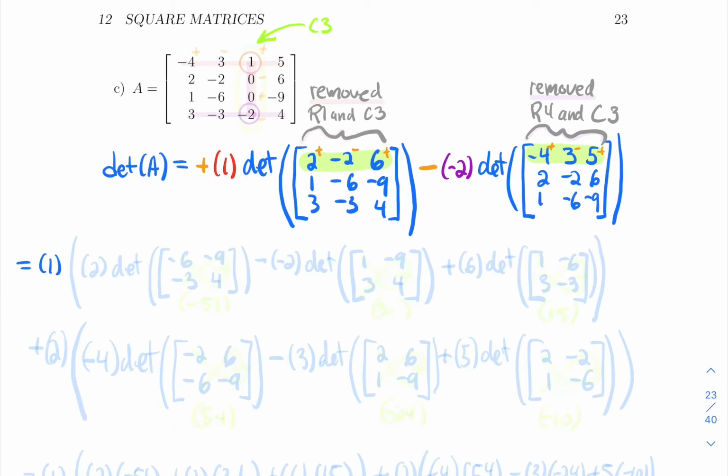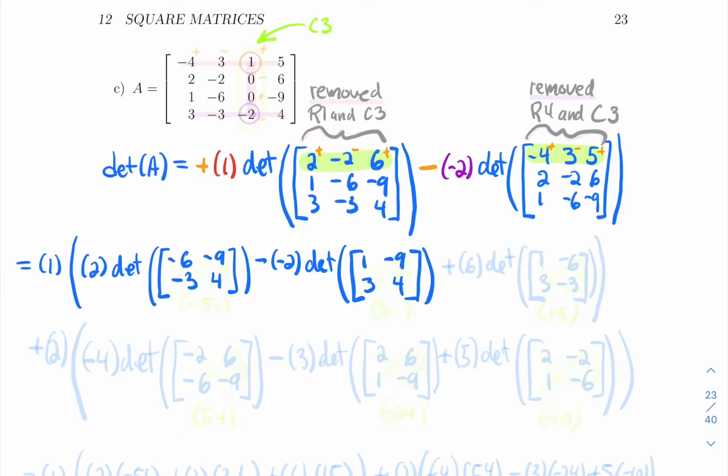Sorry. So if I expand now the determinant, 1 times, open a big fat bracket, 2 times the determinant. If you remove row 1, column 1, you're going to leave behind minus 6, minus 9, minus 3, and 4, minus 2. Remember the minus is because minus 2 is at a minus position, so the determinant of the submatrix here, removing row 1 and column 2, you're going to get 1, minus 9, 3, and 4.